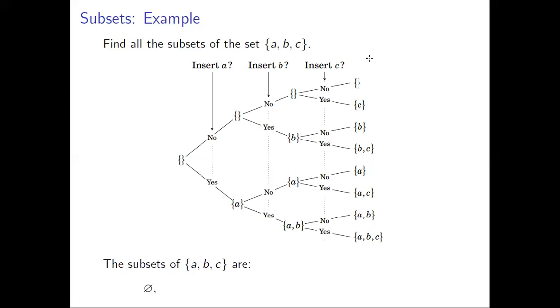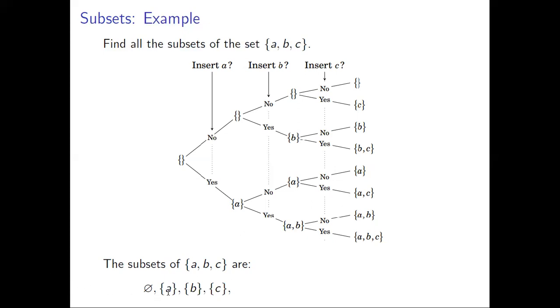The subsets of the set {A, B, C} are, first of all, the empty set. You can write it like this, or as in the picture, just two curly braces, but either way is correct. We know the empty set is a subset of every set, so the empty set is certainly a subset of the set ABC. So that's one subset. Then we have subsets of size 1, of cardinality 1.